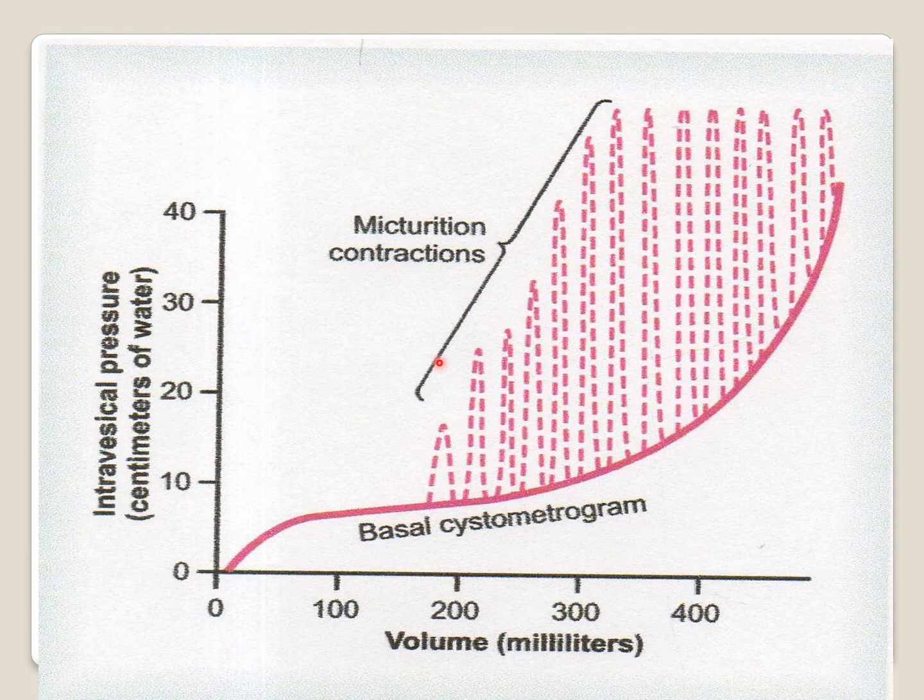This is what is called the cystometrogram. When there is zero urine inside the bladder, the intravesicular pressure is zero as well. When about 30 to 50 milliliters of urine has collected, the intravesicular pressure increases to about 5 up to 10 centimeters of water.